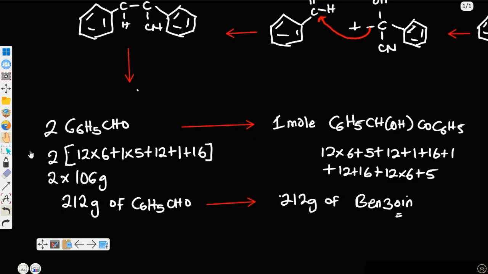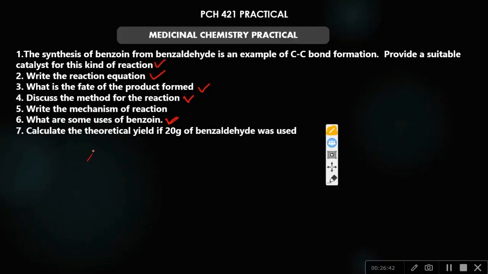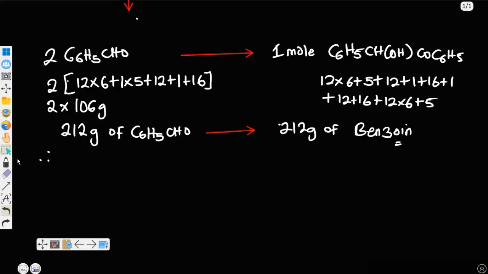All right. So 212 gram of this is equal to 212 gram of benzoin. Therefore, how many gram of benzaldehyde was given to you from the question? Look at it, 20 gram of benzaldehyde. So it will be 20 gram of C6H5CHO would be equal to what? X. Cross multiply. Of course, you know this will cancel out this.